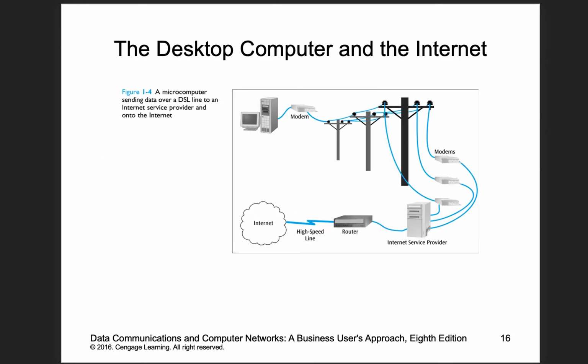Okay. Over here we see on the figure, essentially a workstation is connected to the network, and there's a cable which also connects to the modem, and from there the signal will travel to the internet service provider.